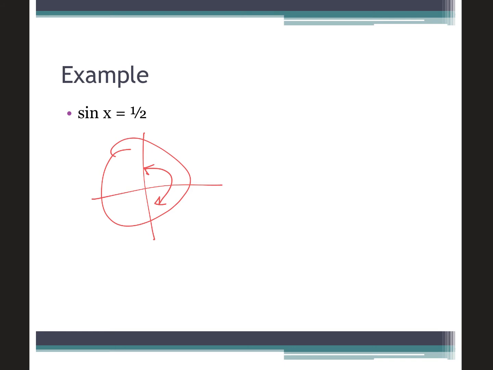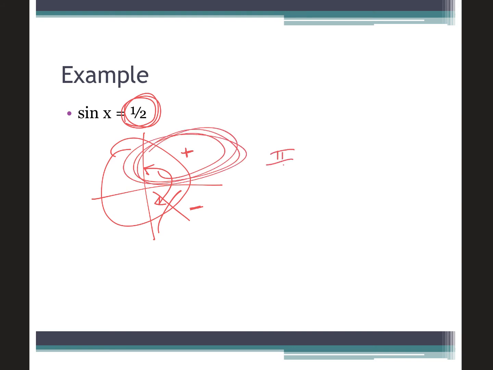Now, sine is positive up top and negative down below, so I already know I'm not looking here. So the principal value, when I go to find a y value that is 1/2 within this quadrant, is pi over 6, or 30 degrees. I would prefer the radians though.